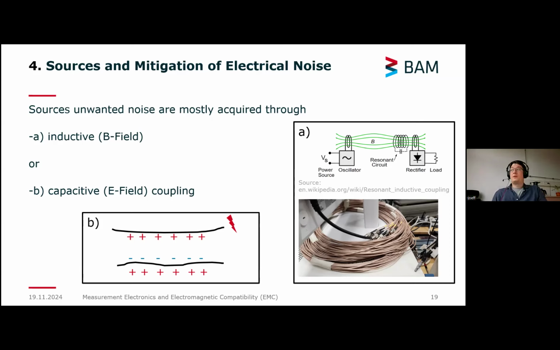It's like a big capacitor, or the signal lines would act as a capacitor, and the electrical field would induce a signal on the different signal line.